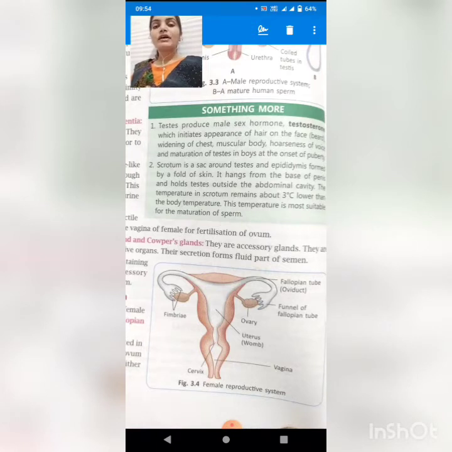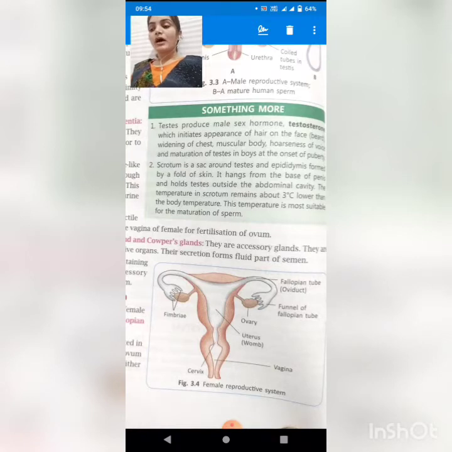The oviduct and fallopian tube also work as a pathway of fertilization, which means the process of fertilization takes place in this only. The site of fertilization is, students, the fallopian tube or oviduct. When the male gamete comes inside the body of the female, the fusion, the process of fertilization, takes place in this part only.